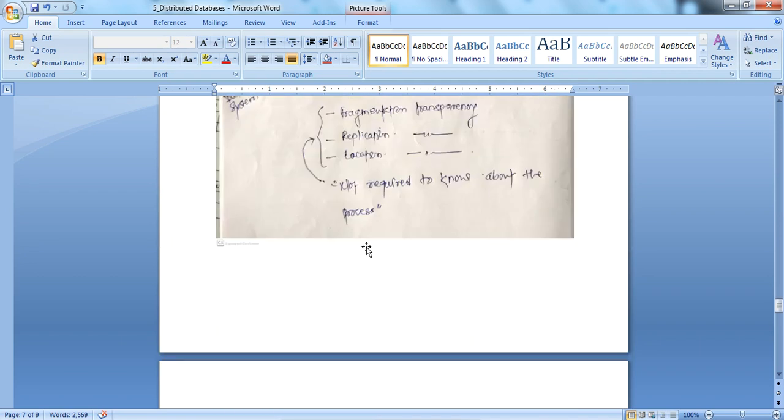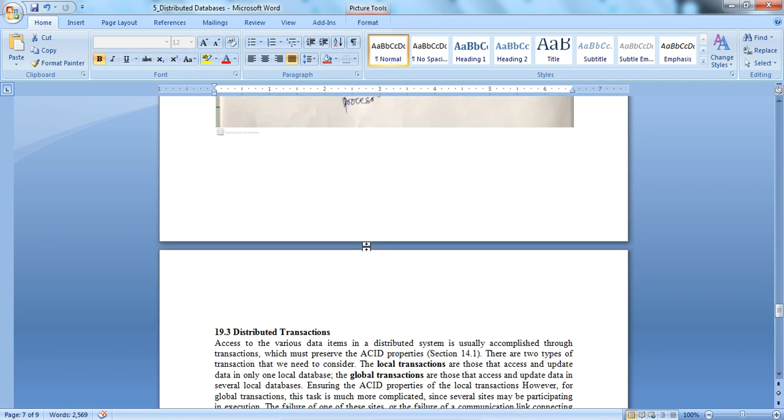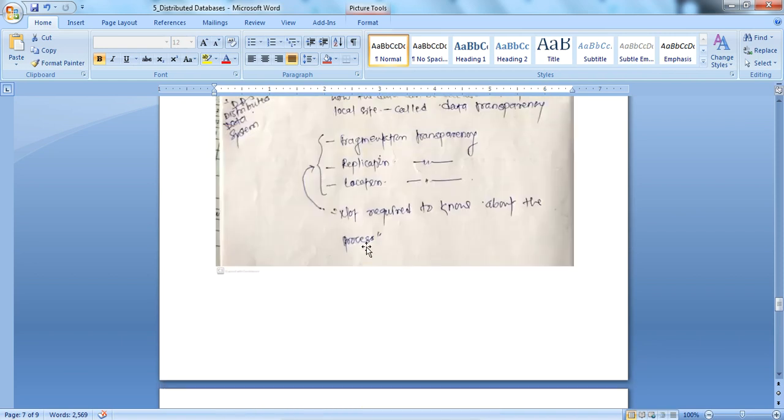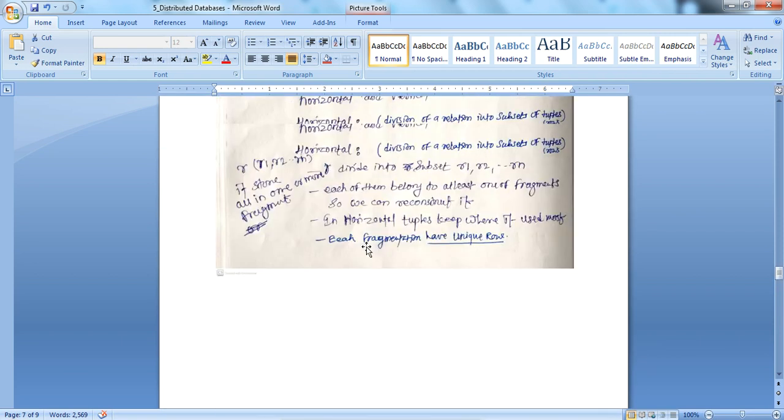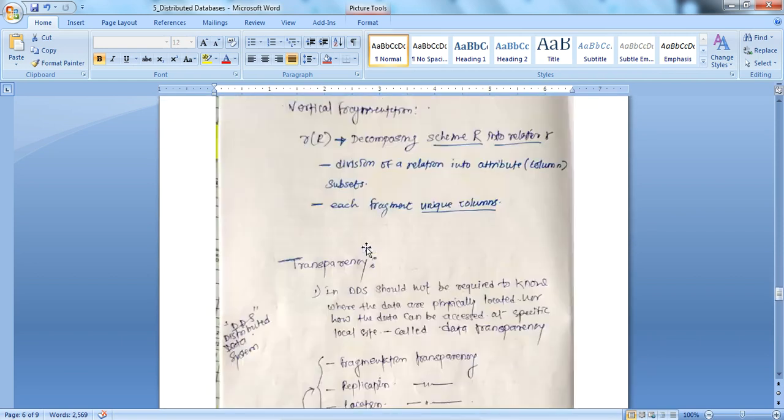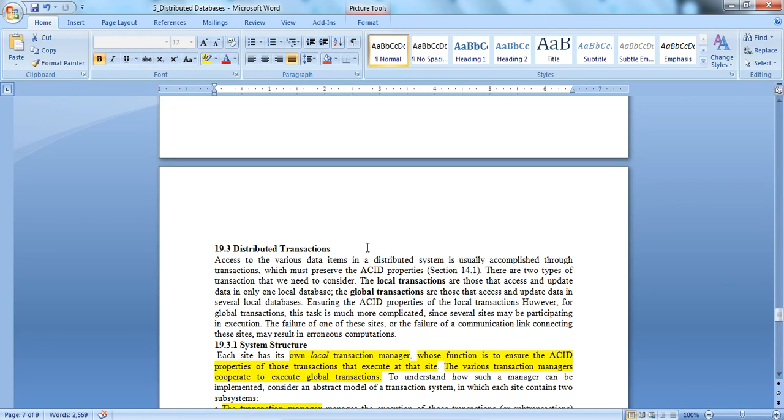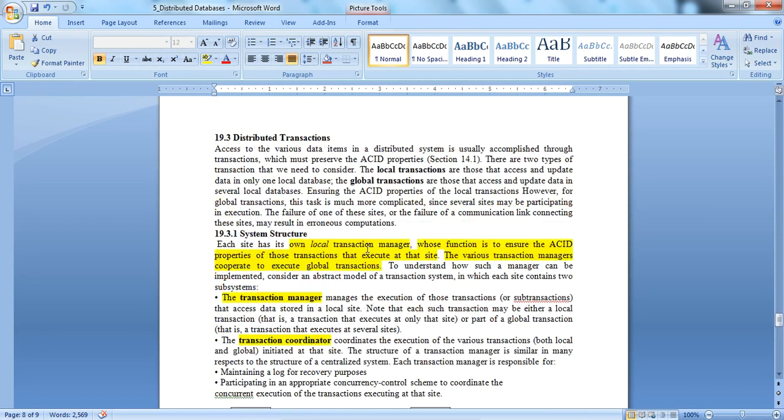Now this ends the basic distributed database concept, with a basic introduction and some of the problems in distributed databases. Now the distributed transactions. It's simply the system structure: each site has its own local transaction manager, whose function is to ensure the ACID properties of those transactions that execute at the site.